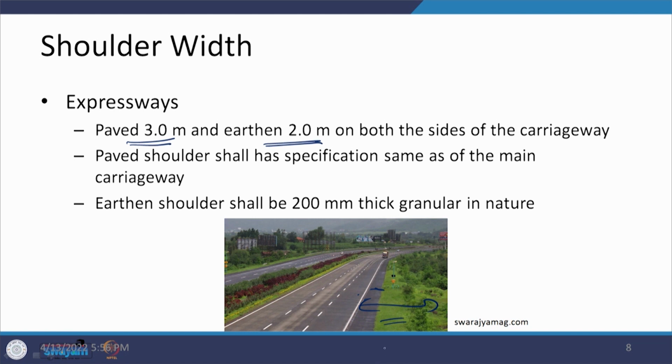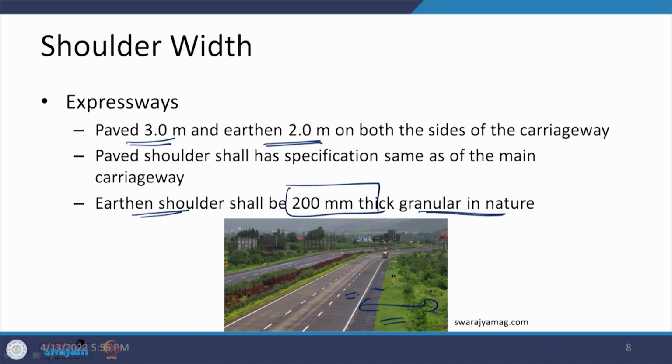Now, the paved shoulder, whenever it is being provided, is going to be of the same specification as that of the carriageway. That is one thing which we have discussed previously also. In the case of expressways, when the earthen shoulder is provided, the thickness of that earthen shoulder is 200 mm, which in the previous cases was 150 mm if you remember, and this is granular in nature.